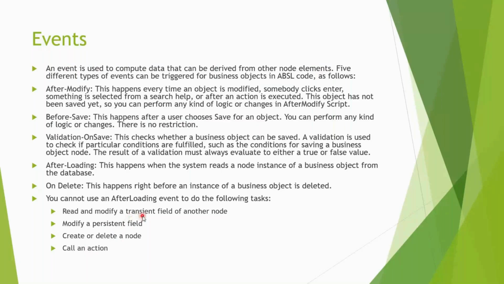Okay, and creating or deleting a node means we can't create any nodes in that after loading event. Did you get what transient and persistent fields mean? Persistent means the values which will be stored in the database. Once I click on save, this data will be stored in a database.